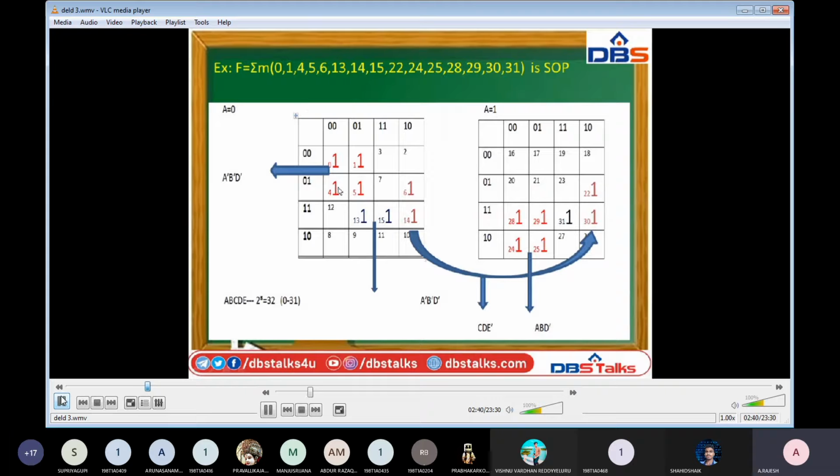So here I have taken two 16-cell blocks, from 0 to 15 and from 16 to 31.